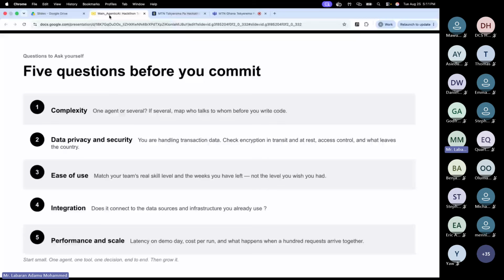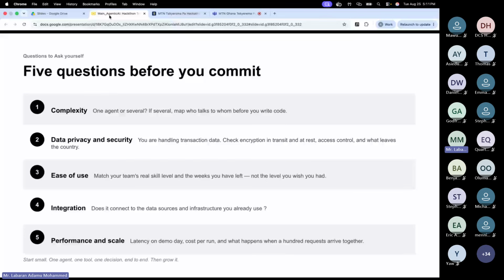You also have to decide the data privacy and security. What kind of data are you handling? Are you encrypting that data? And the access control, authorization, authentication. We also have to decide that.